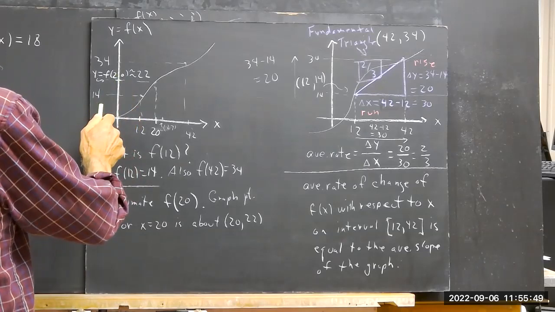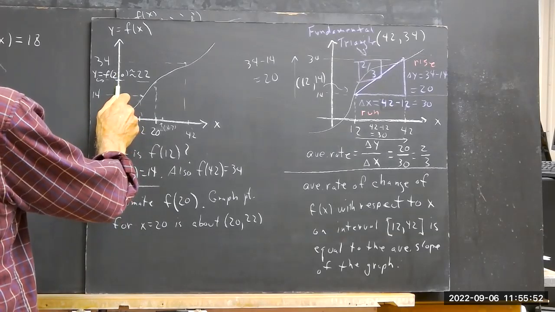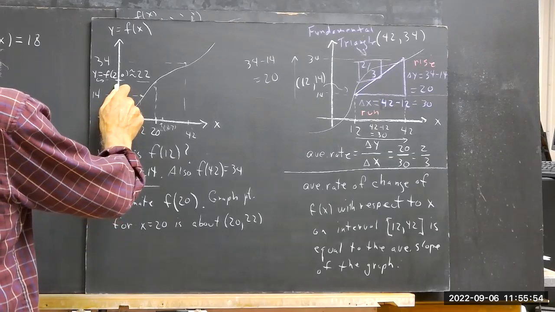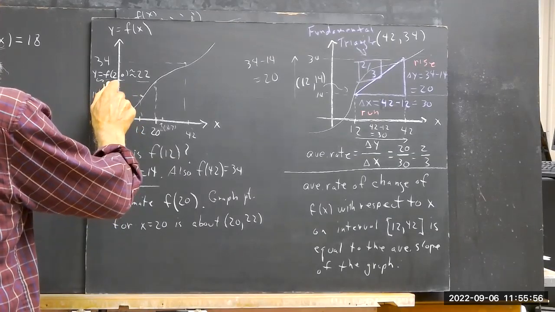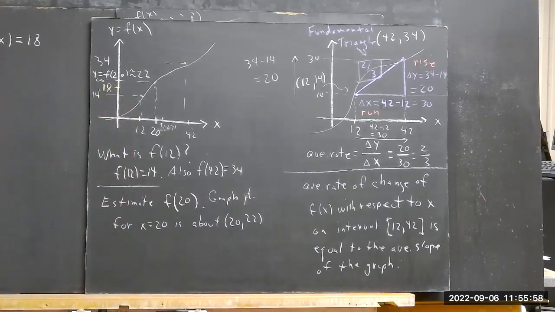If this is really 22, then 18 would actually be halfway between 14 and 22. So here's 18. That's where y equals 18. That's where f of x equals 18.